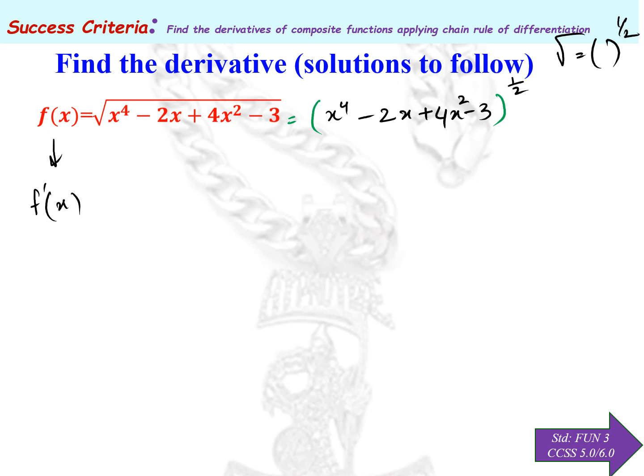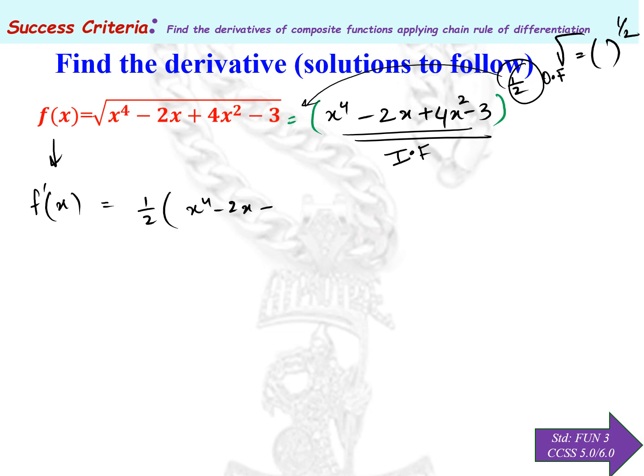So what is the power rule? Here the function which is written inside the bracket is said to be the inner function, and the power is the outer function. Apply the power rule: bring the half before the function, write the inner function as it is, no change.